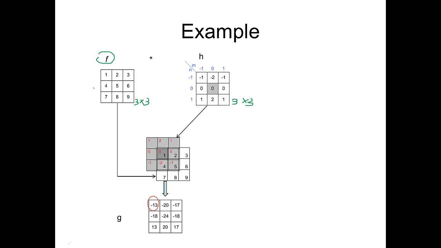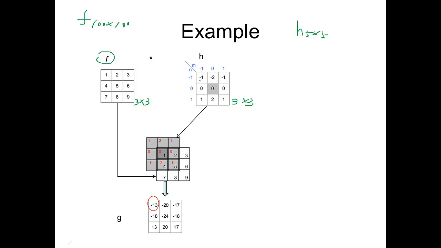Generally, in real cases, F is very big. F can be 100 by 100, but H is generally small. H could be 5 by 5 or 3 by 3. But for this case, we also keep F small, so we can understand the basic idea.